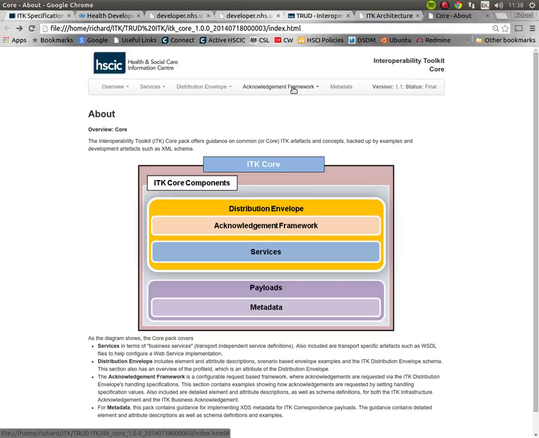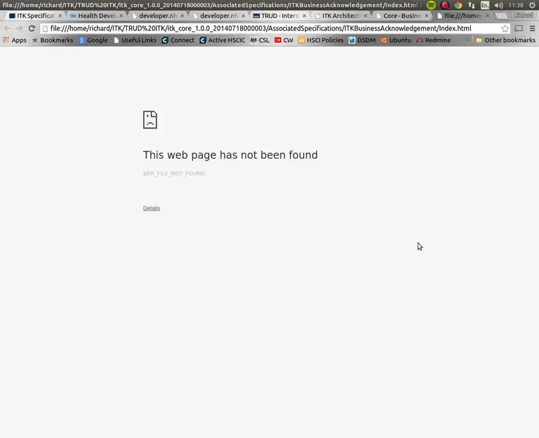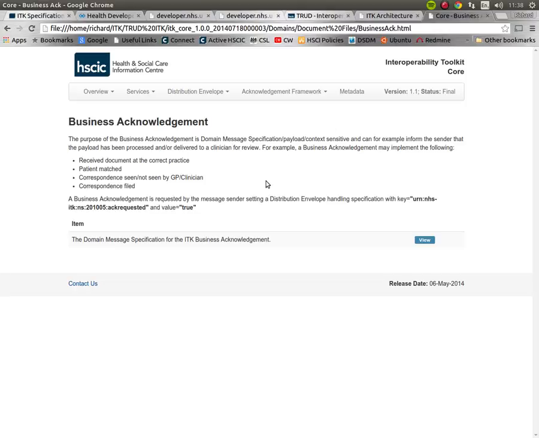It also gives the ability to send back a negative acknowledgement as well, so should there be an issue around the payload, then this framework also allows you to send back what we would term a NAC. And it also has a business acknowledgement as well. So this is actually an embedded DMS, so it's another DMS. Unfortunately I haven't got the link to it, but basically that's embedded within it as well.